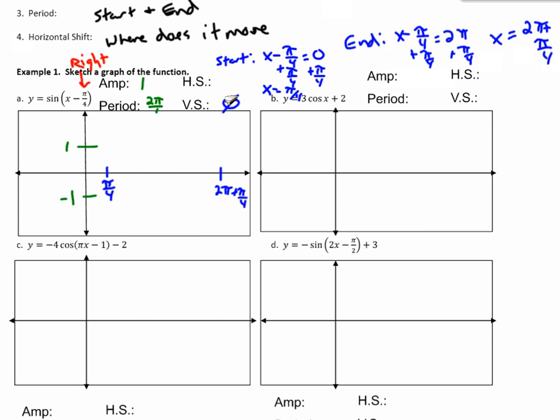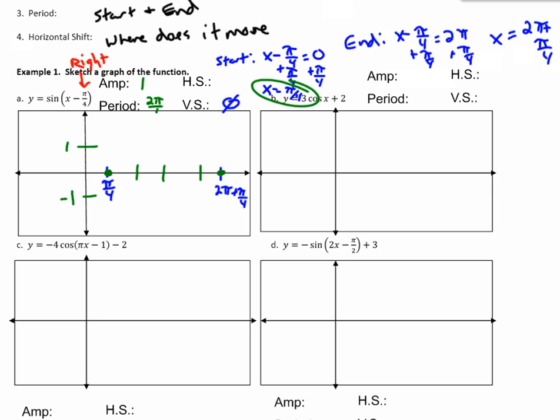So then I've got everything put on here. This is a sine graph, so it starts at the bottom, but it's going to start at the bottom after my shift. So it starts at pi over 4. That's what I found to be the start right here. It starts at pi over 4, and it ends over here at 2 pi plus pi over 4. Halfway in between, and halfway in between each of those. You can label those if you wanted to. The second one would be labeled pi over 2 plus pi over 4 because I shifted it pi over 4.